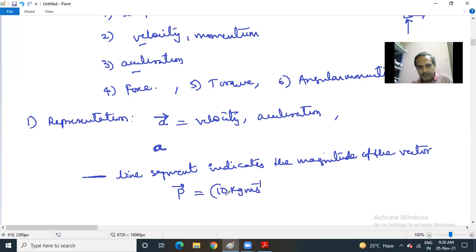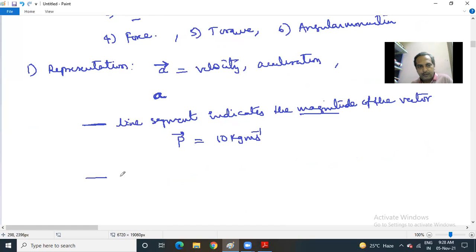Then 10 is the magnitude. You can say that the numerical value of the physical quantity is called the magnitude.